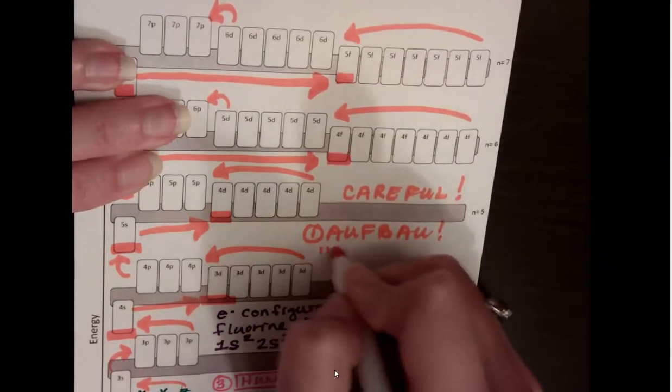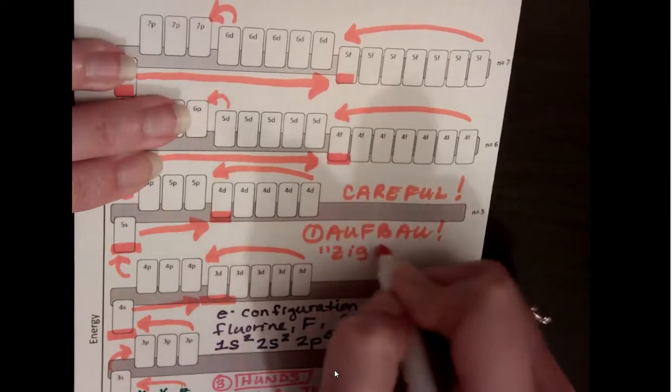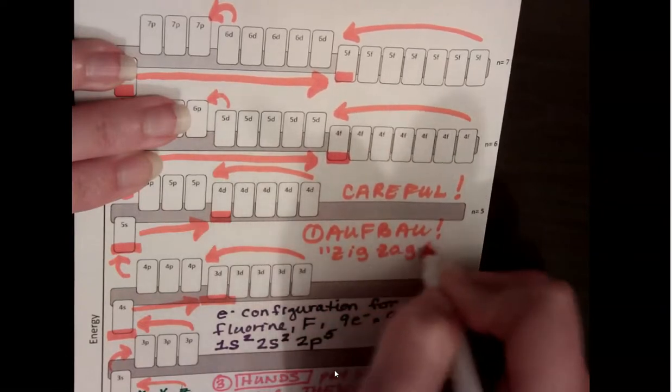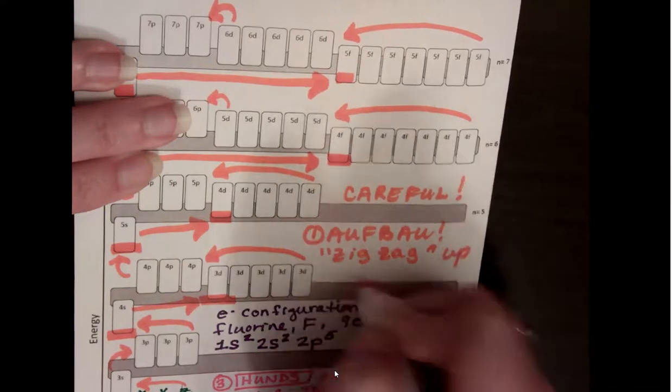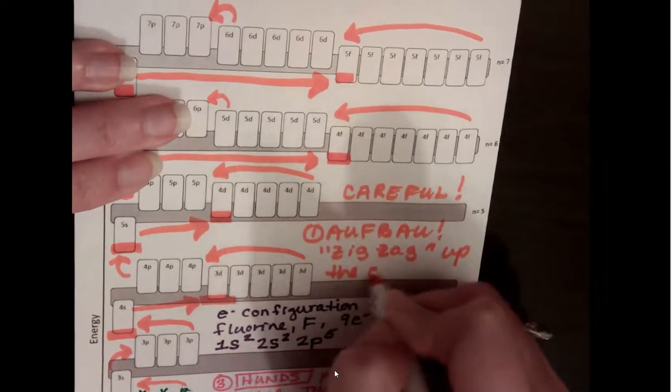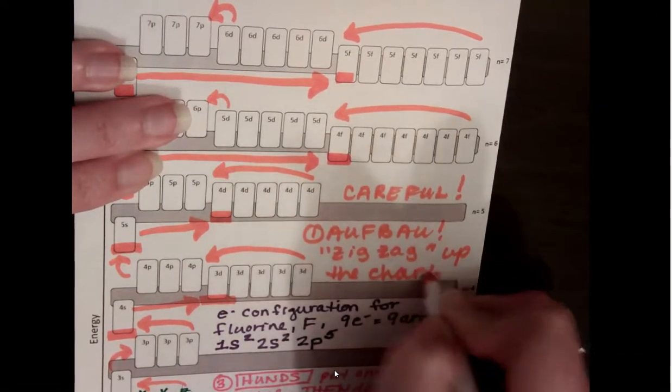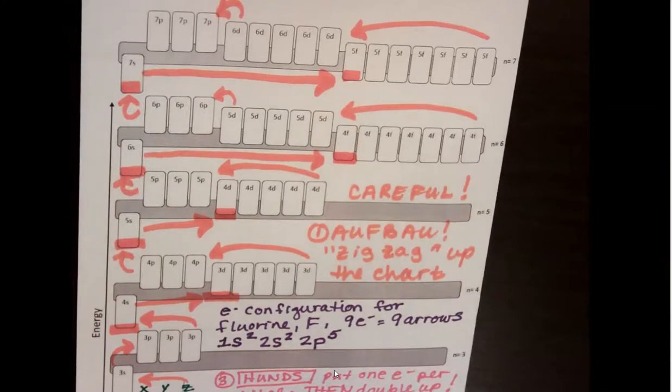We're going to have to zigzag up the chart. That's our reminder that you have to go in a funny order so that you are always following Aufbau from lowest energy to the highest.